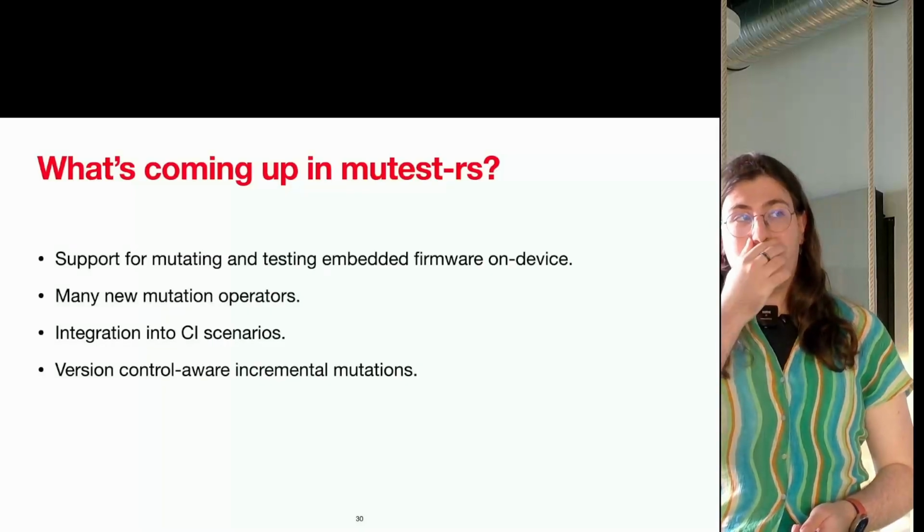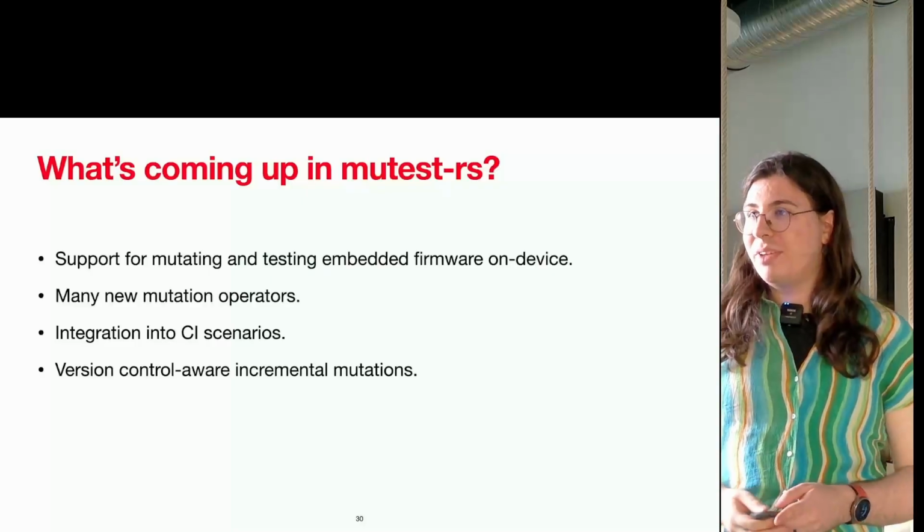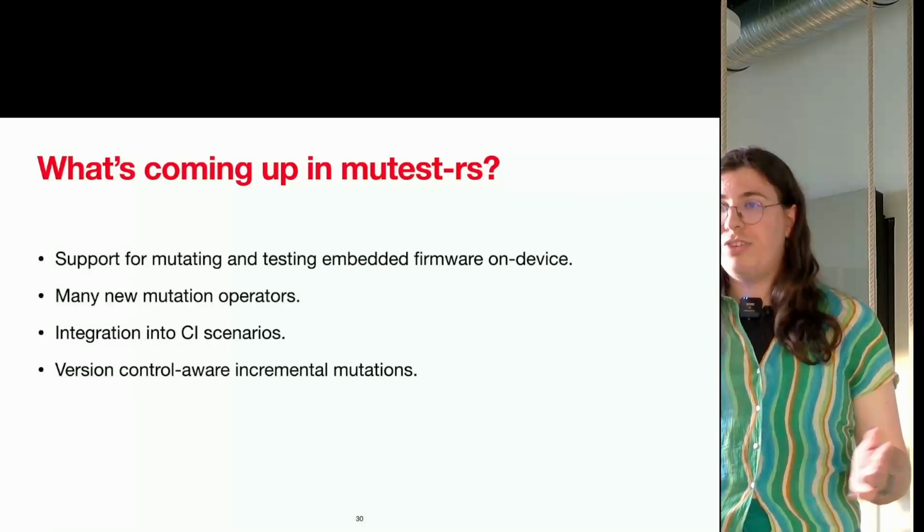Because individual commits in a version control scenario only change very little of the code, it's actually possible to only run a partial analysis of mutation testing and figure out exactly what parts you need to reevaluate and where new mutations might have arisen, where old ones could have died off as the code has changed. And we've got some experimental work there that's able to figure this out and makes it so that you have to run very little of the analysis again to get the full result set.